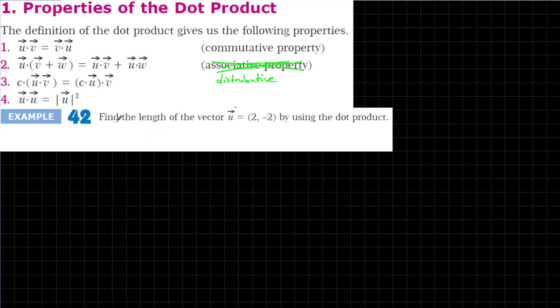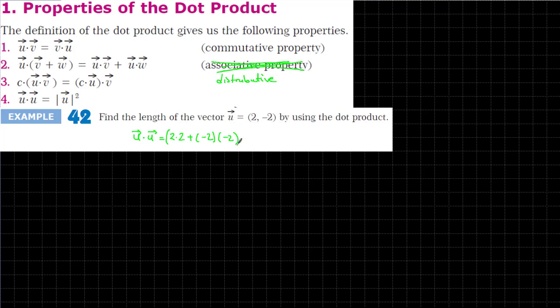So I am going to apply this property in this exercise. Let u vector be equal to 2 and minus 2. What is the distance of u? Find the length of u by using the dot product, which means u times u, equal to 2 times 2 plus minus 2 times minus 2.